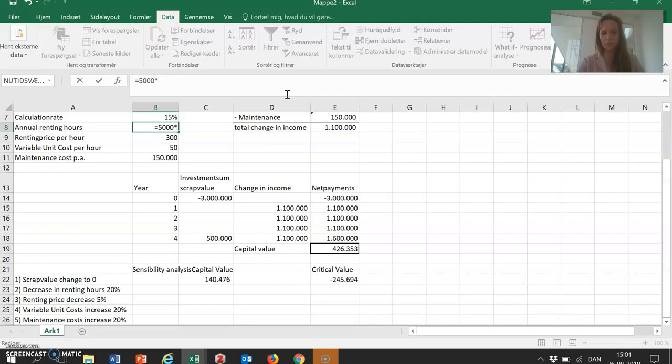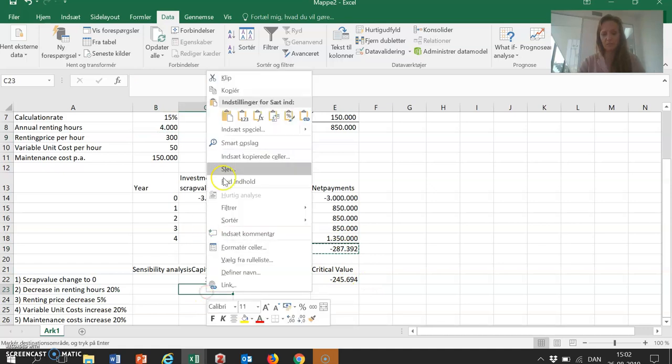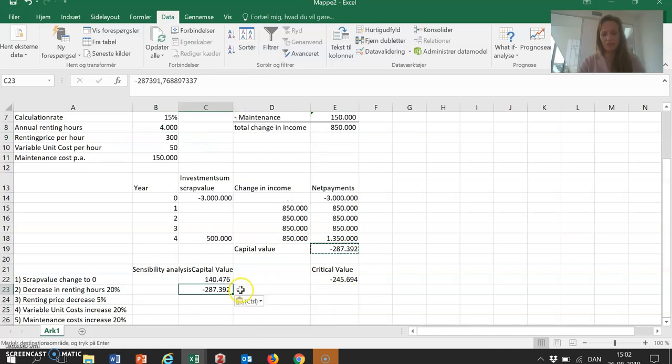You do that by multiplying with 0.8. If the renting hours would drop 20%, we would no longer have a profitable investment.